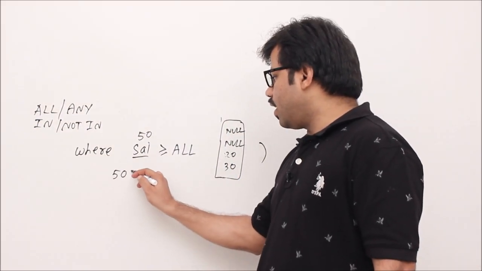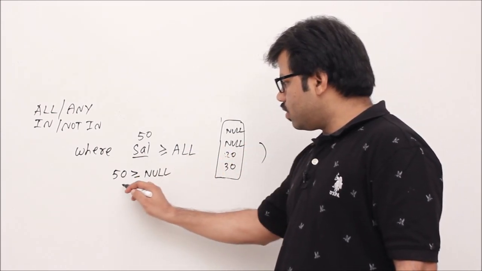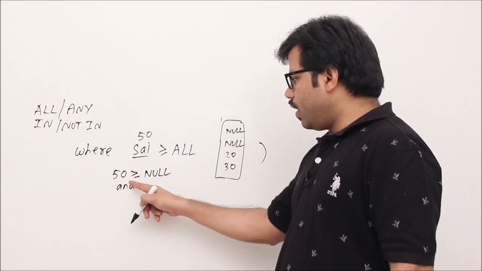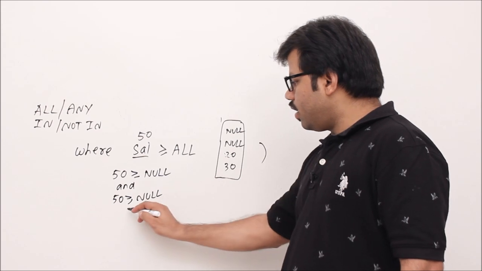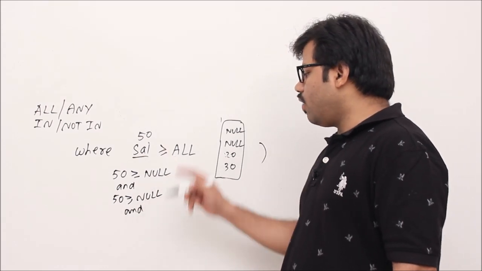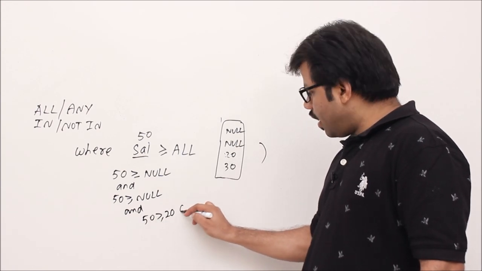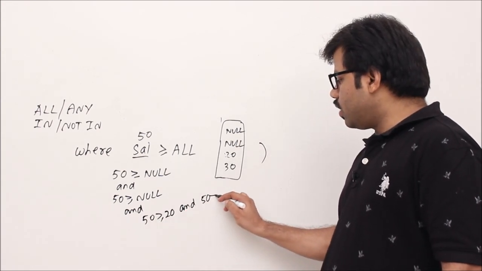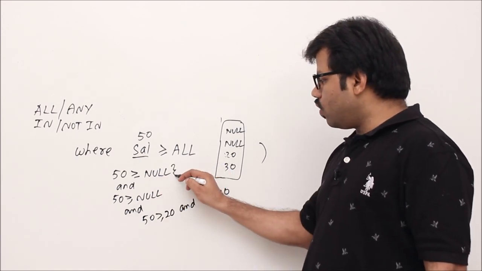Now 50 greater than or equal to ALL means 50 greater than or equal to null, and 50 greater than or equal to null, and the third condition, 50 greater than or equal to 20, and 50 greater than or equal to 30, and only if everything is true will ALL be evaluated to true. That is the logical meaning of the ALL operator. So 50 greater than or equal to null is unknown, correct?